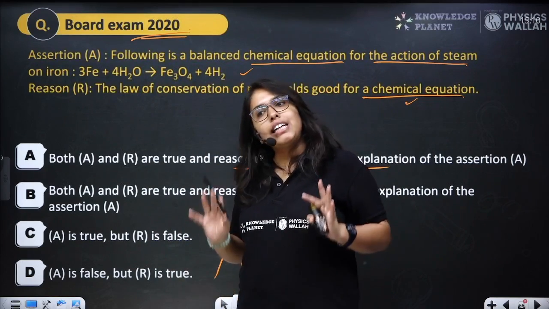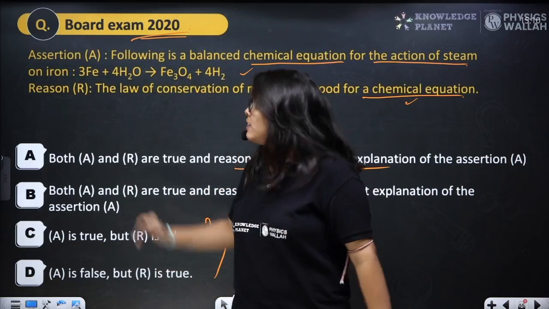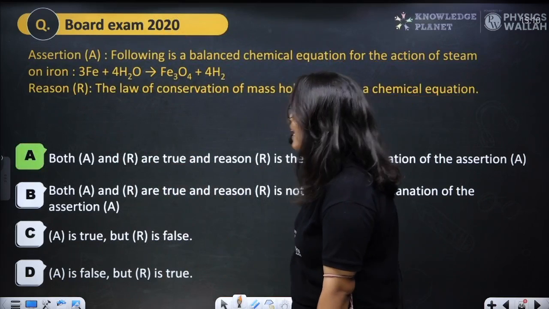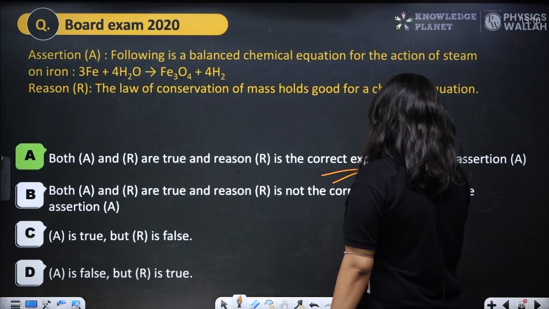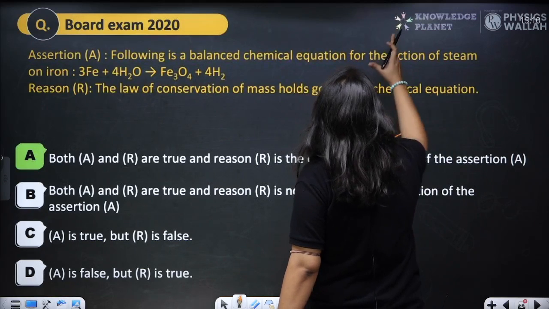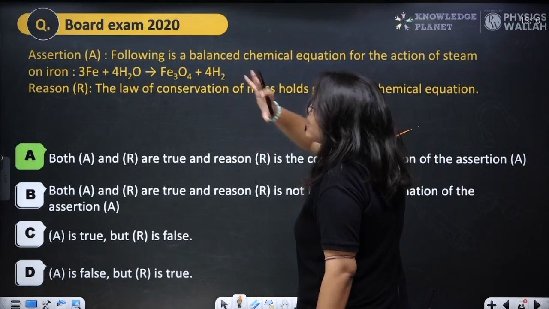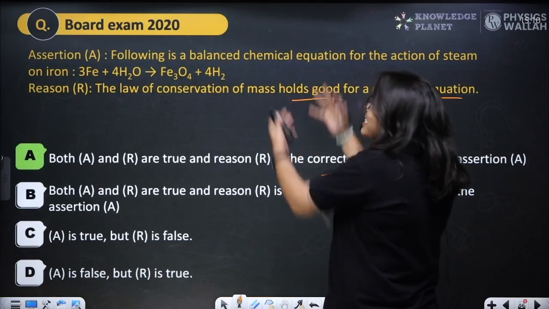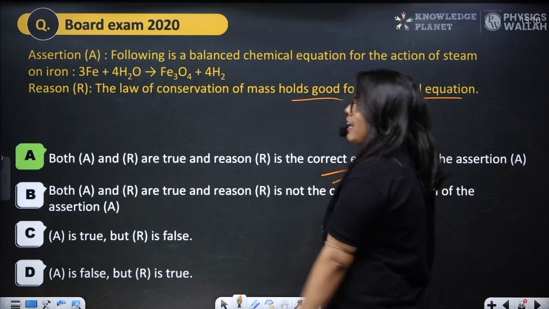And after adding the term because, if it makes sense, then option A is the right answer. If not, then option B is the right answer. In this case, option A is the right answer, because the balanced chemical equation for the action of steam on iron is good because the law of conservation of mass holds good for a chemical equation. Yes, it makes sense. Thereby, option A is the answer.